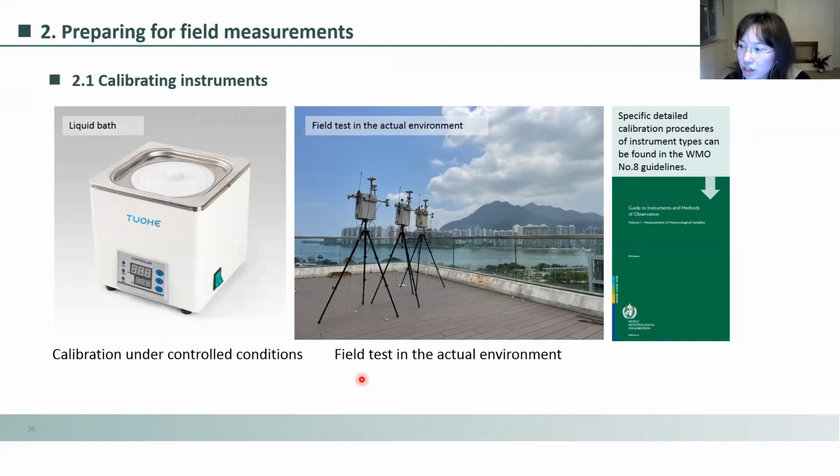The other method is to build a test in the actual environment. As you can see in this photo, this is my instrument calibration last summer in Hong Kong. And I will not introduce the details about calibration because you can find the specific detailed calibration procedures in the WMO number 8 guidelines here.